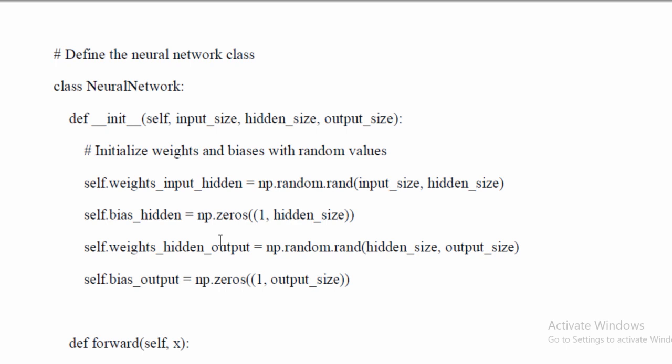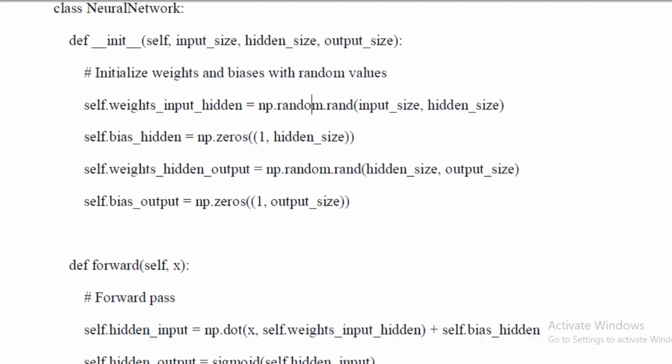Weights are random and bias is 0. Similarly, the input layer and hidden layer weights, and the hidden layer and output layer weights and bias, are all initialized here.